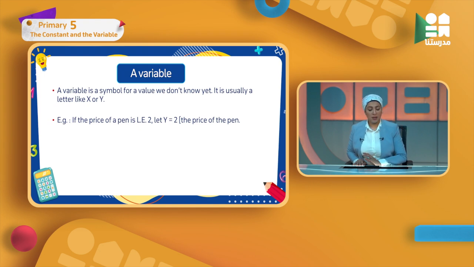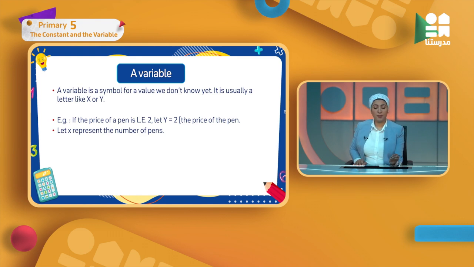Let Y equal the price of the pen, and X will represent the number of pens. So I have here two symbols, Y and X. Okay? Y is a constant, it won't change, I won't change it because it is the price of the pen.